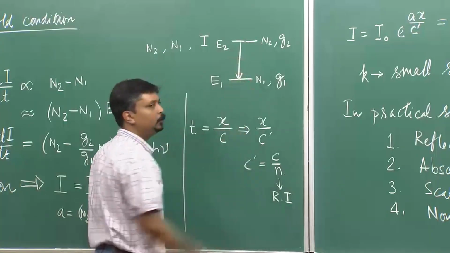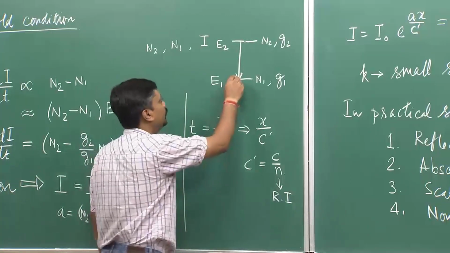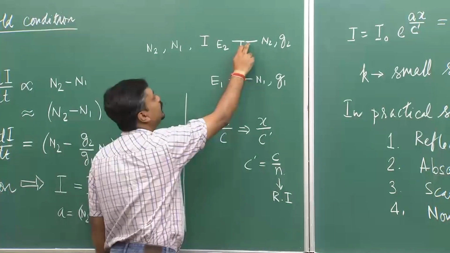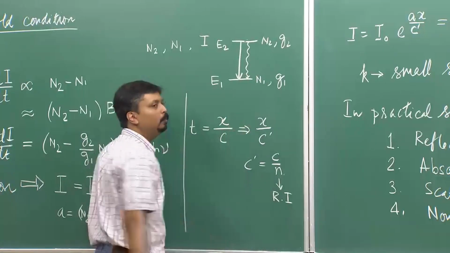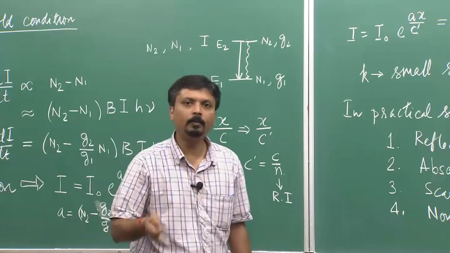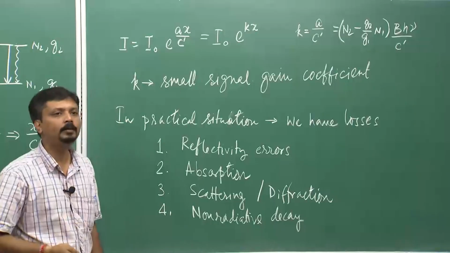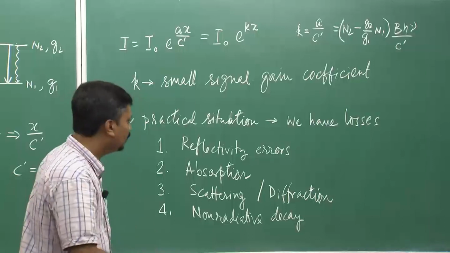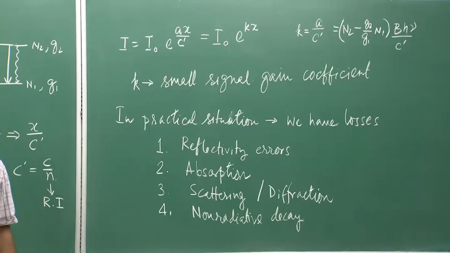So, these two states should be radiatively coupled, but instead of a radiative emission, if there is a non-radiative emission, that is, the molecule sitting here relaxes back to this state without emitting a photon, that is non-radiative decay. We have learned about that. If there is a certain amount of non-radiative decay, then also we are losing photons. So, several such losses are present within the cavity.